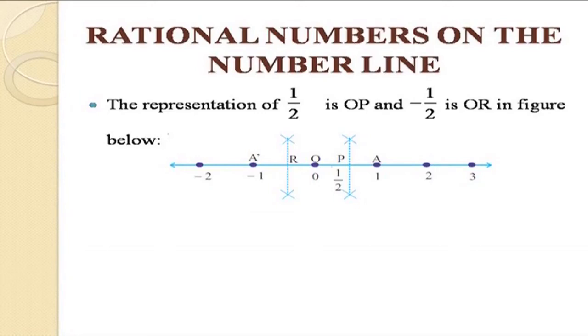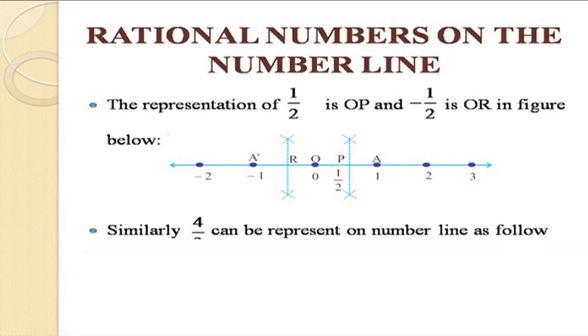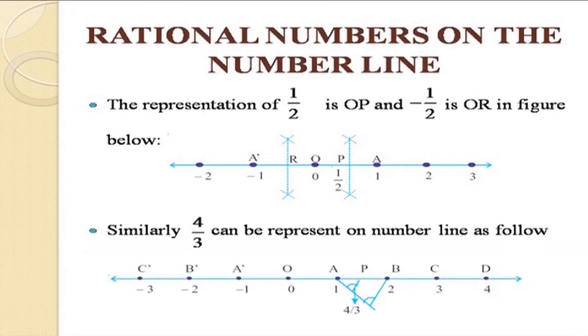Similarly, on the left hand side, we get OR, which is nothing but minus 1 by 2. Similarly in figure 2, 4 by 3 can be represented on the number line as follows. From 0 onwards you get 1, 2, 3, 4, and on the left hand side you get minus 1, minus 2, minus 3, and the located point is 4 by 3.